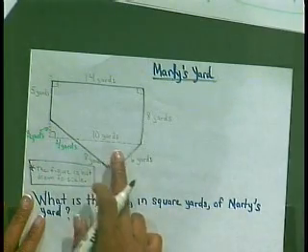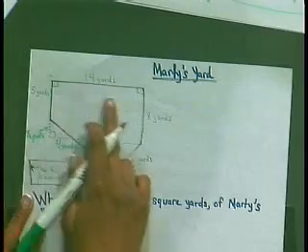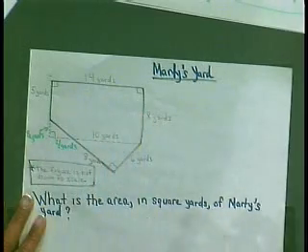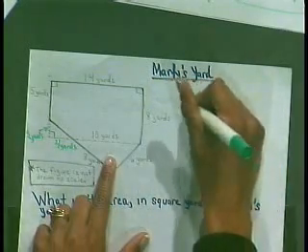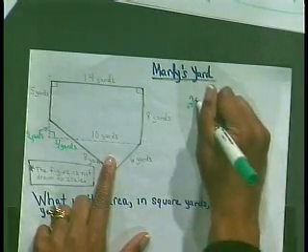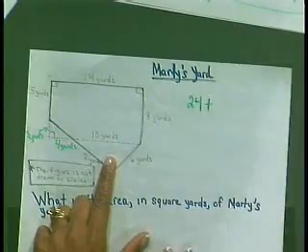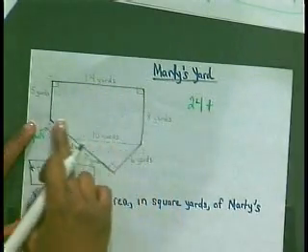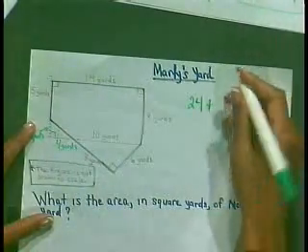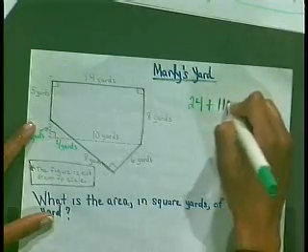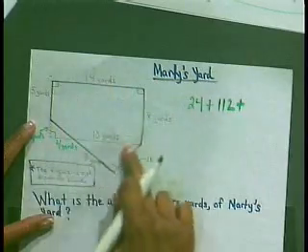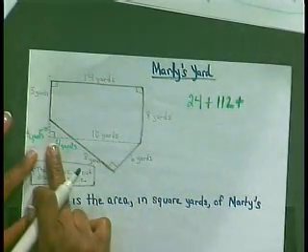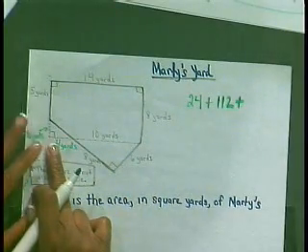So when we found the area of the larger triangle, the rectangle, and the smaller triangle, we had 24 for the area of the bottom triangle. We add 24 plus the area of the entire rectangle, which was 112, plus, if we're talking about the entire figure, the area of the smaller triangle, which was 6.